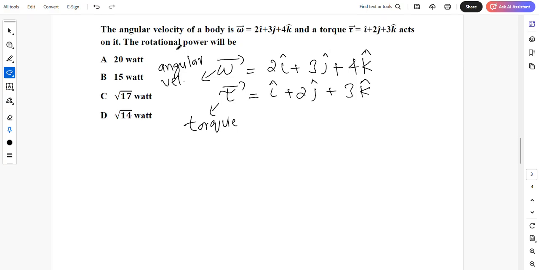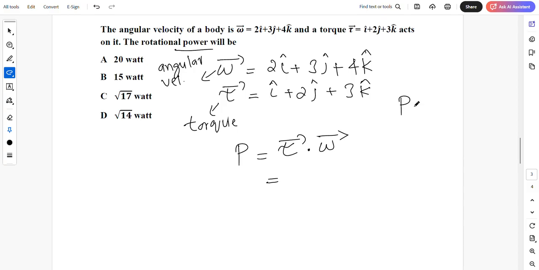Now you are supposed to calculate rotational power. We know that P is given by tau vector dot omega vector.